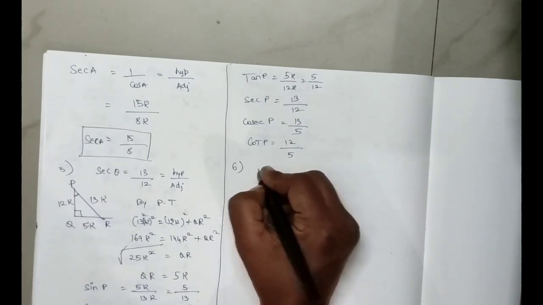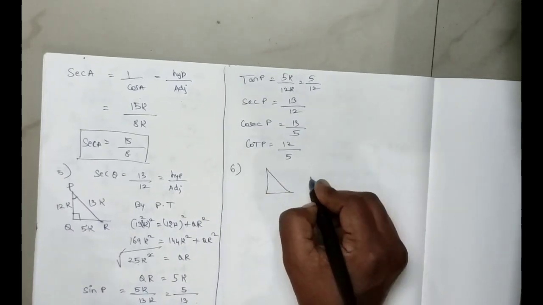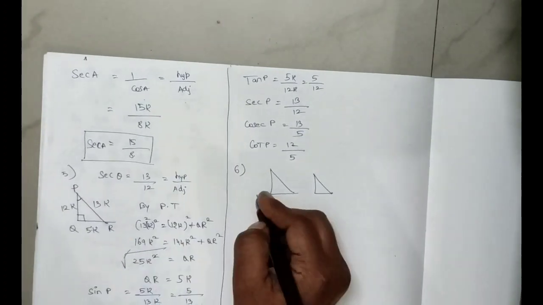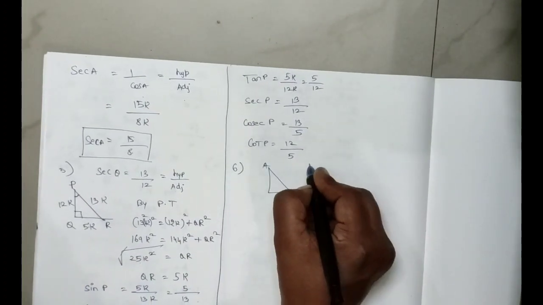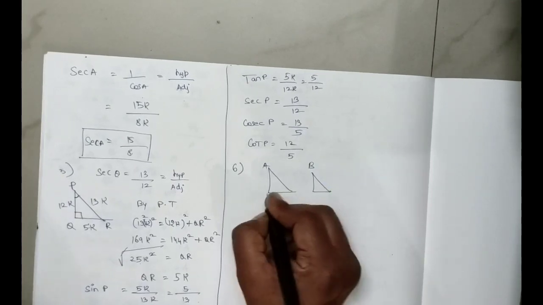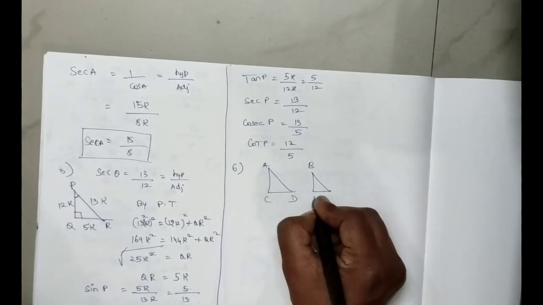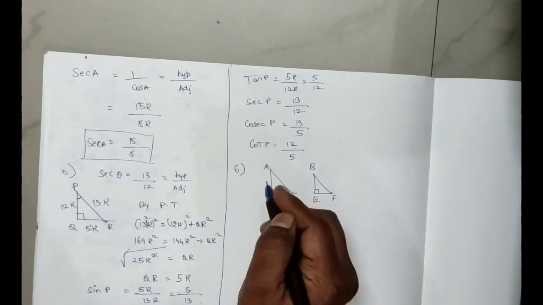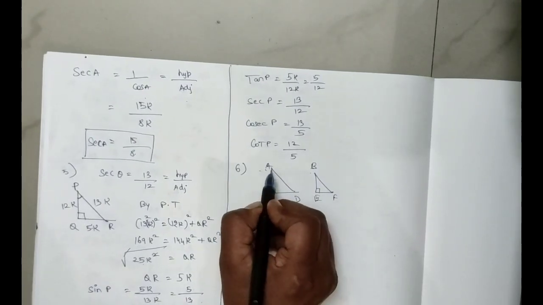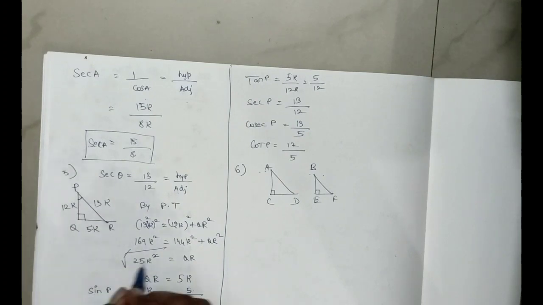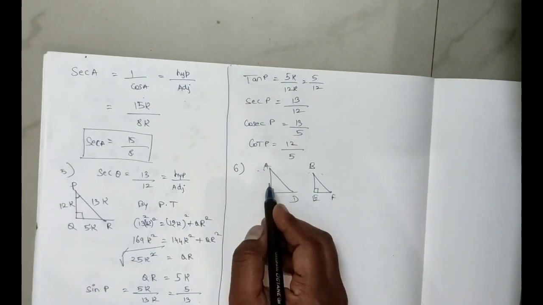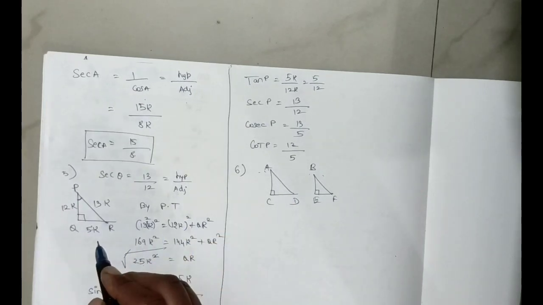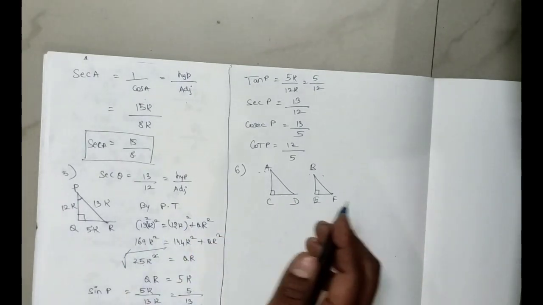They've asked for any two triangles. Let's assume this is A and this is B. Let this be C and D, and let this be E and F, right angle at E and right angle at C. For these two acute angles, we know that in a right angle triangle, the other two angles will be acute angles.